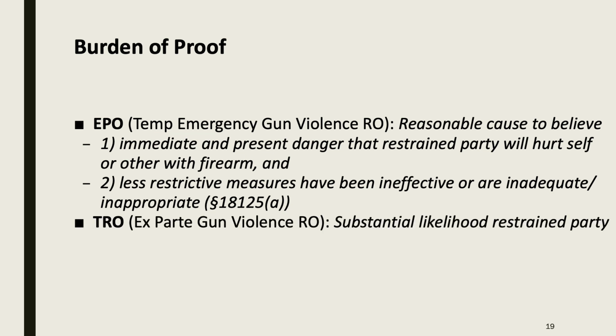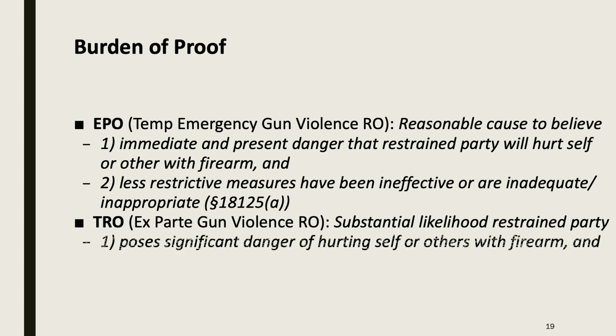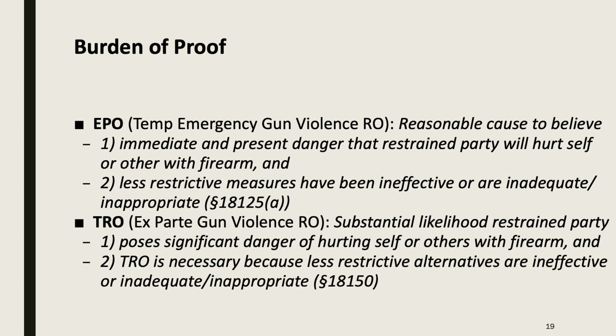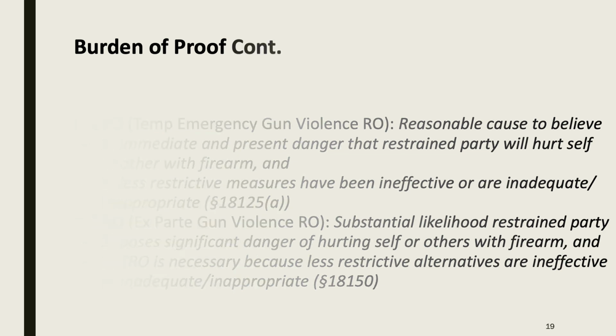The TRO, the ex parte gun violence restraining order, is issued upon a substantial likelihood that the restrained party poses a significant danger of hurting himself or herself or others with a firearm, and that a temporary restraining order is necessary because less restrictive alternatives are ineffective or inadequate or inappropriate.